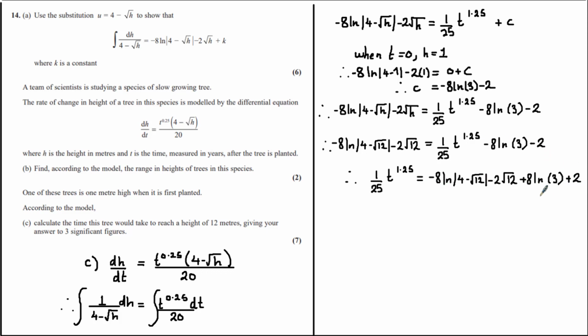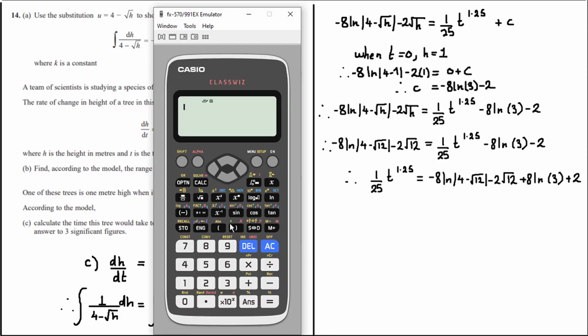We can now work out the whole of this right hand side in our calculator. Let's go ahead and do that right away. So we have minus 8 ln of 4 minus the square root of 12 minus 2 root 12 plus 8 ln of 3 plus 2.